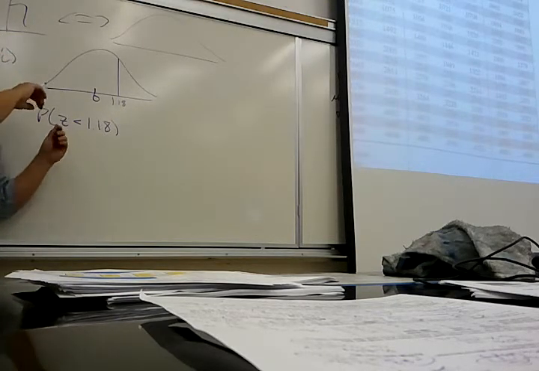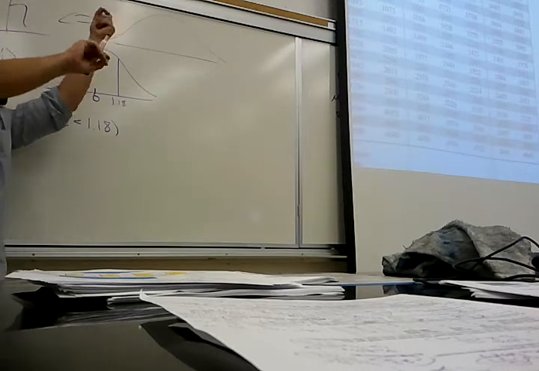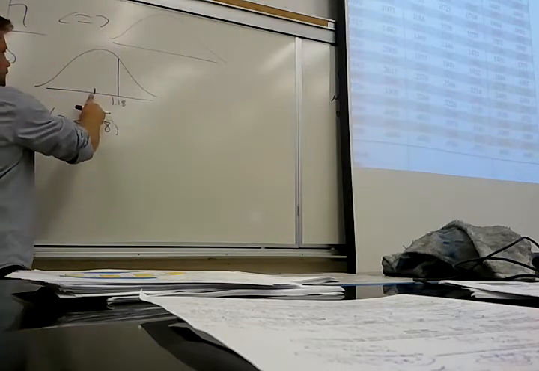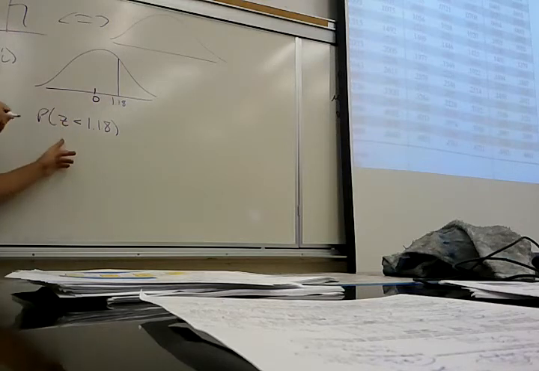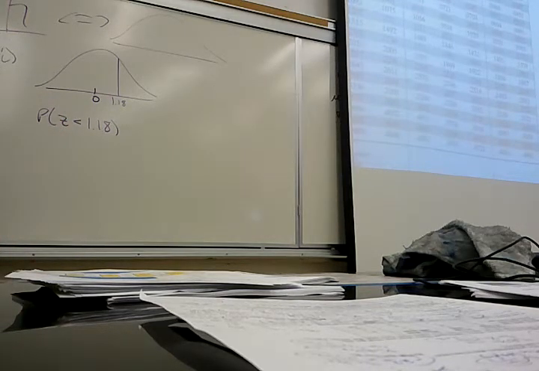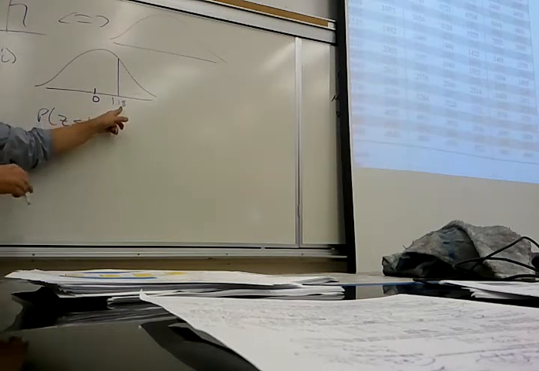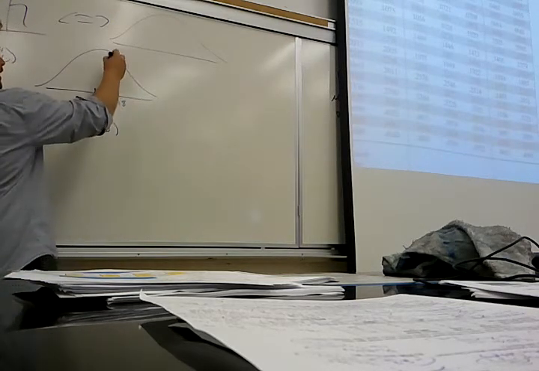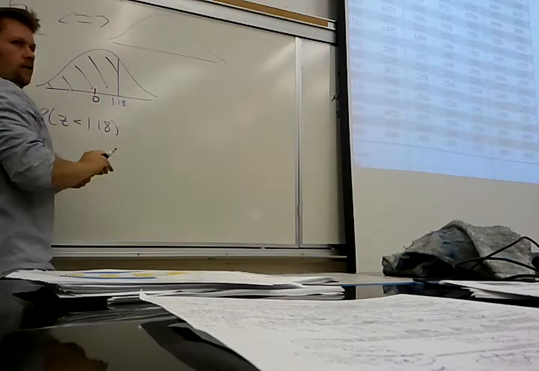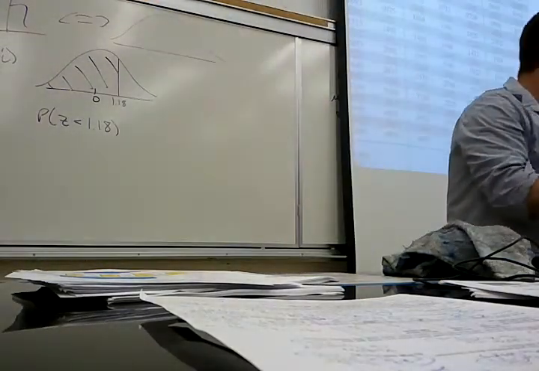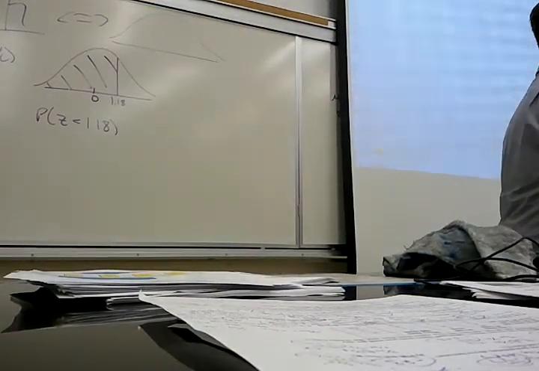So we'll do a problem where I have to convert to Z-scores, and you'll see how that works. Because the Z-score, again, tells you what? Distance from the mean. Distance from the mean measured in standard deviations. So of course the mean is always going to be 0, because it's 0 away from itself, right? 1.18 is somewhere up there. And I want probably it's less than that, so I want this. So if you were here last time, you saw that this chart is set up to do exactly that.